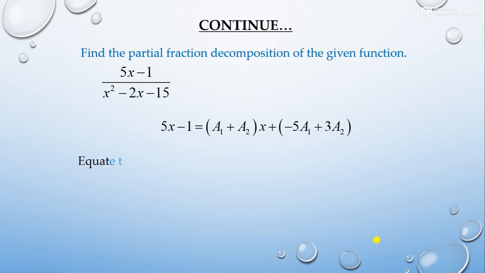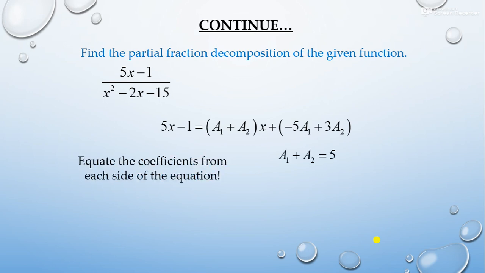Comparing the coefficients of x on both sides gives a1 plus a2 is equal to 5, and comparing the constant terms gives minus 5a1 plus 3a2 is equal to minus 1. Now we have two equations and two unknowns, a1 and a2, which we need to find. Solving these two equations, the values are 2 and 3.